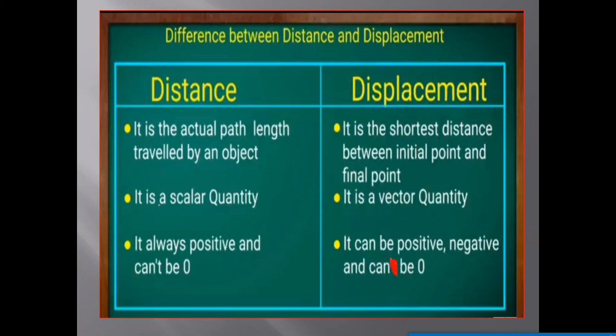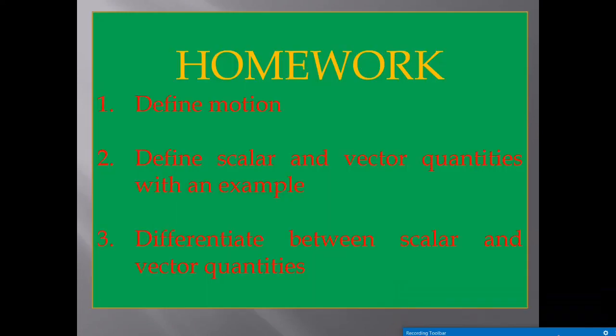The next difference is that distance is a scalar quantity, that is, it has only magnitude, whereas displacement is a vector quantity having both magnitude and direction. Remember, distance travelled is always positive and it can't be zero, whereas displacement can be positive, negative and it can be zero.